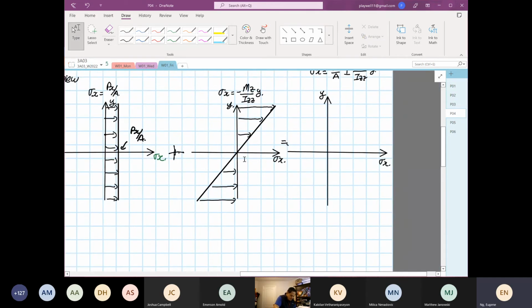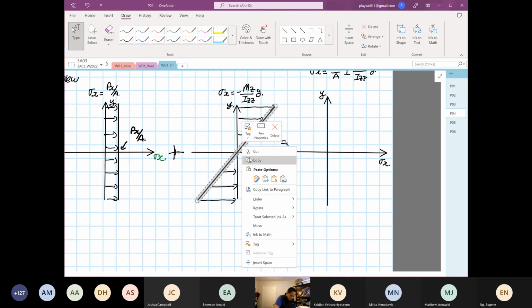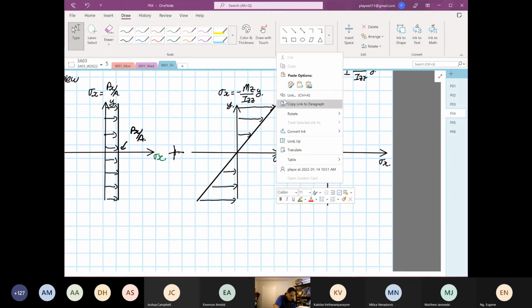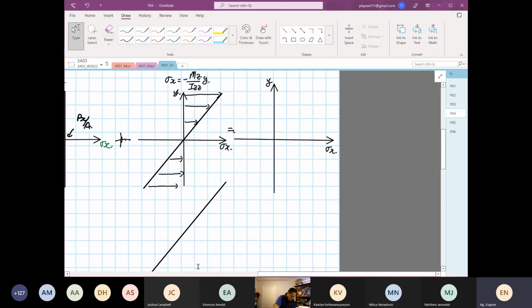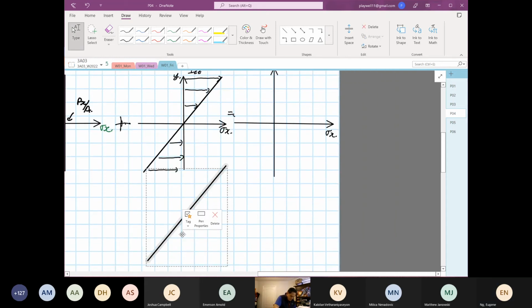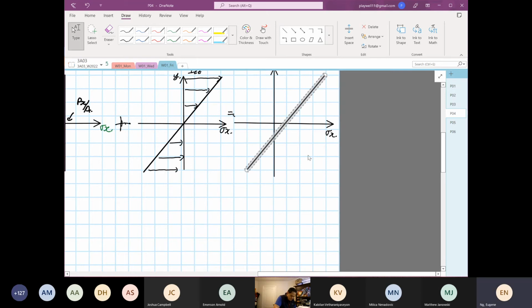The slope will still be the same, but you have a shift. The shift looks like this now.